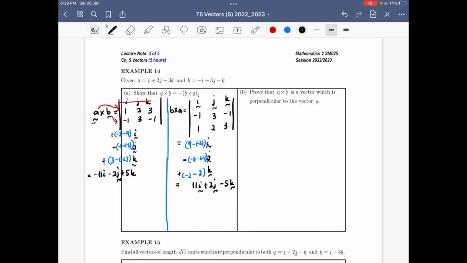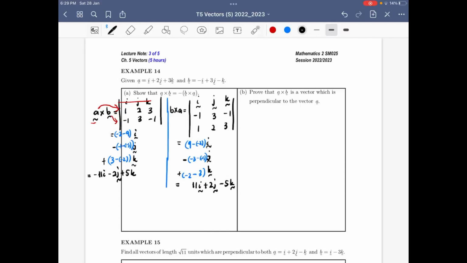So show that A cross B equal to negative B cross A. So how to write it down? If the question asks us to show, so we need to state at least one sentence here.